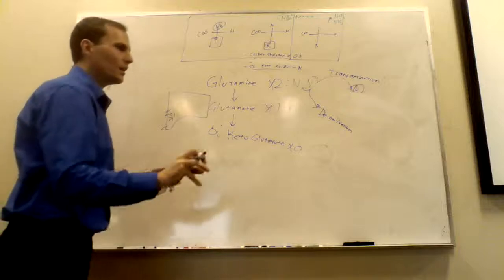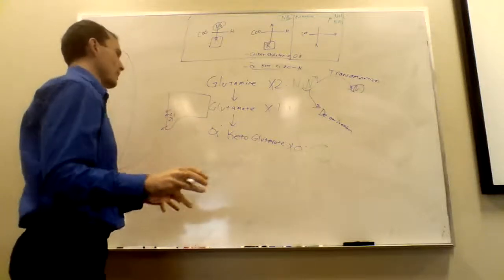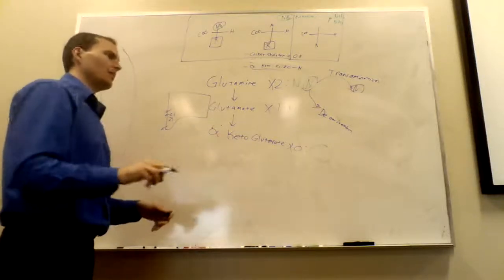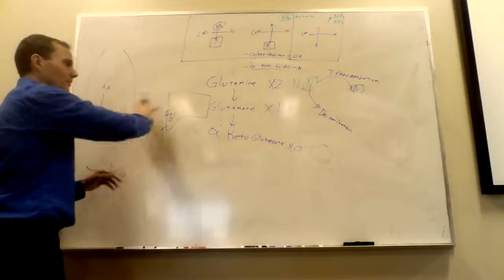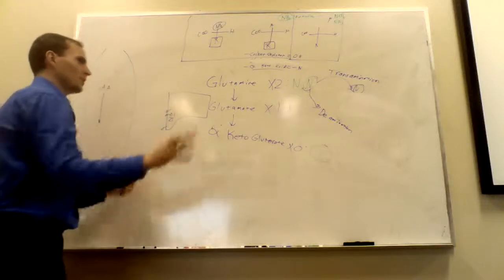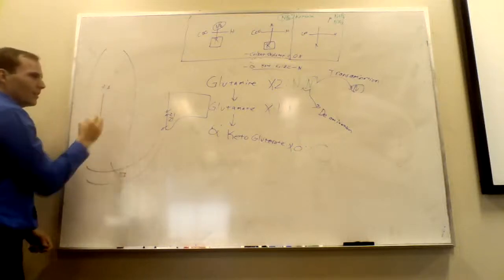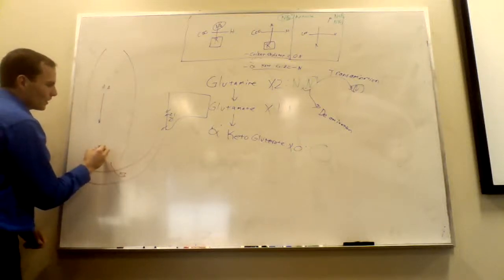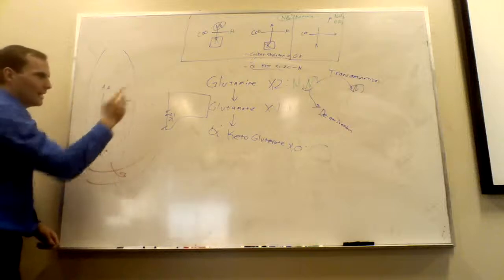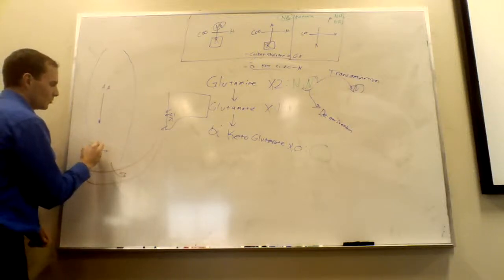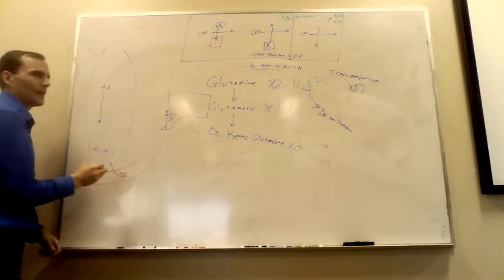It has to have different transporters for everything, unless it does something different, which it does. So this is not what happens. This is the more complicated way that thankfully we don't do. We actually are going to take all the amino acids in the muscle, and we're going to transaminate them, from 21 types down to 1 type.